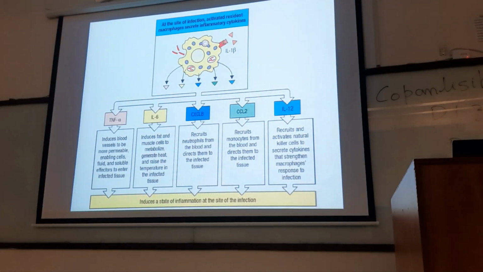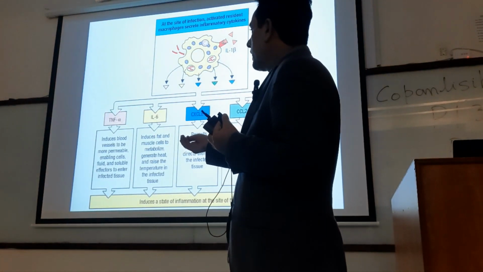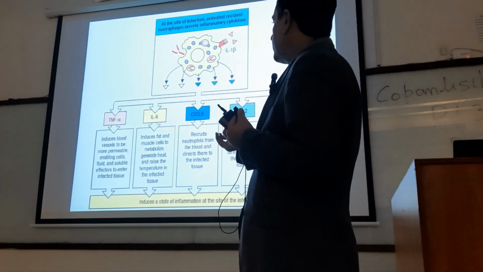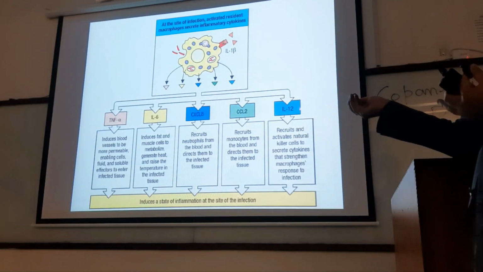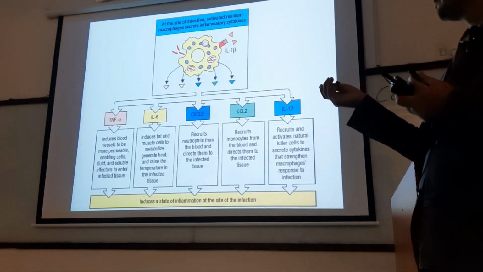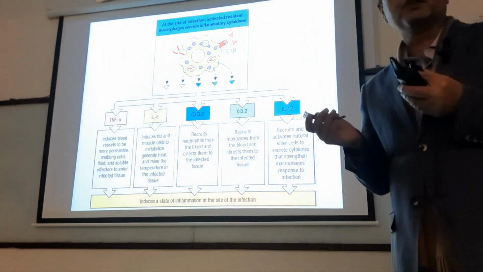And there are other cytokines like tumor necrosis factor alpha, interleukin-6, CXCL8, CCL2, and interleukin-12. So these are the most important inflammatory cytokines that would be secreted by an activated macrophage.